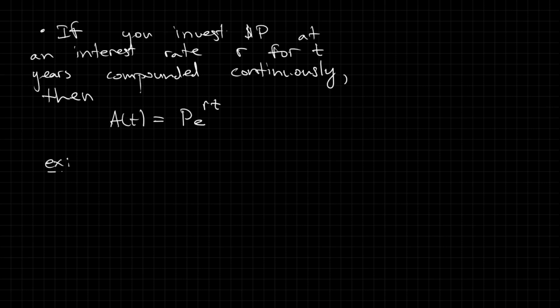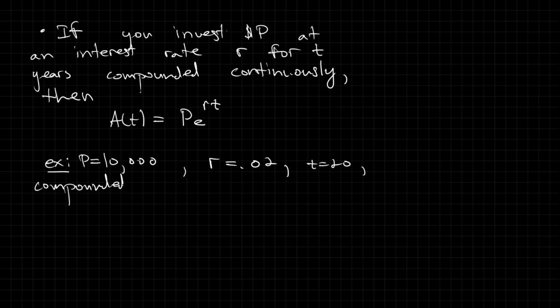So for example, $10,000 invested at a rate of 2% for 20 years, compounded continuously, the amount of money we would have after that 20 years would be 10,000 times e to the 0.02 times 20.